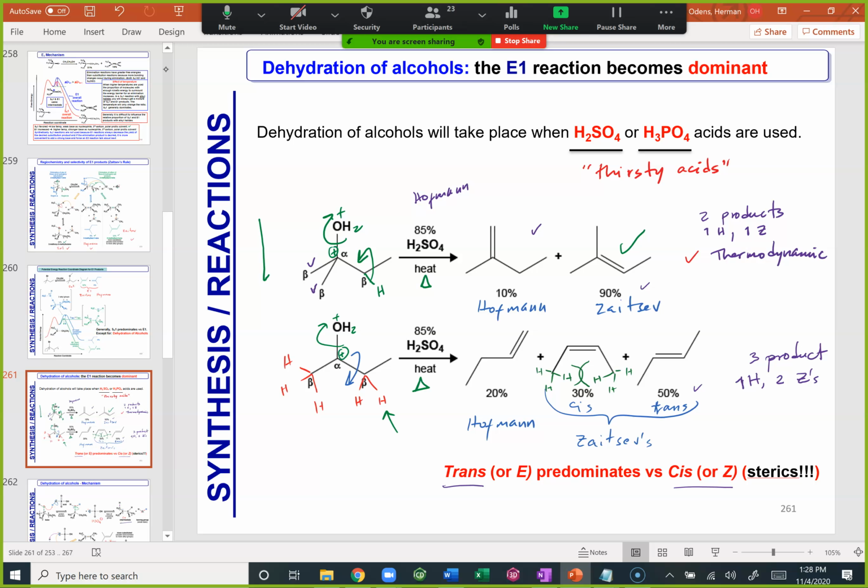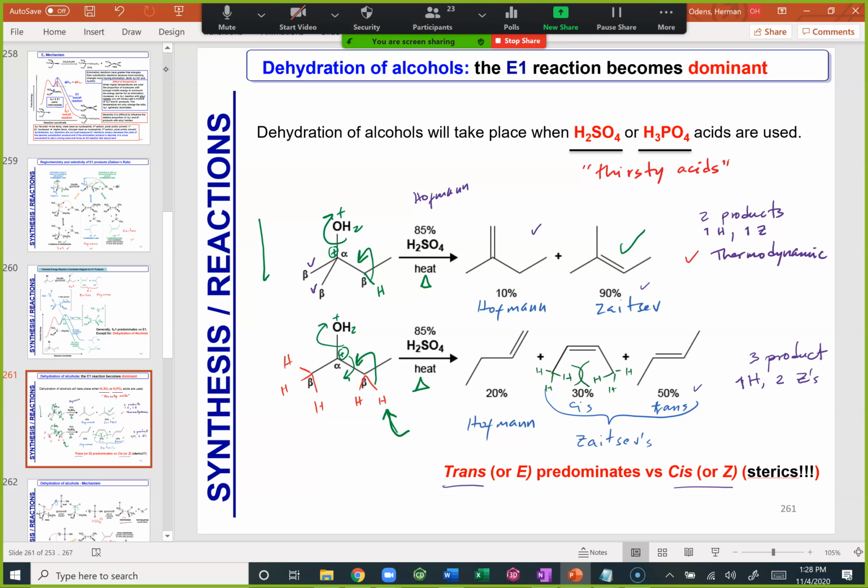Then the elimination will take place. And so if you grab this H right here, that's going to make the cis, and you can do the cis, and it's going to give you the trans. That's going to make that trans. Also, if this bond rotates before the hydrogen gets eliminated, that will give you the cis. That's why you have the possibility of making both cis and trans.